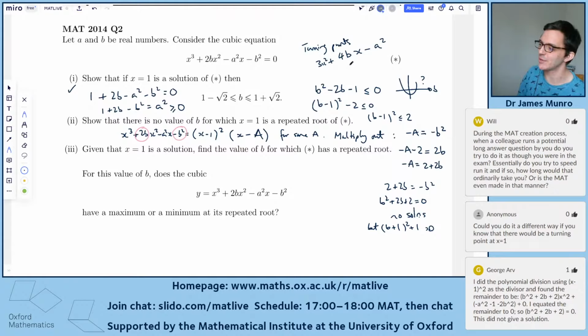X equals 1 would have to be a solution of that. But that's impossible? Doesn't look impossible. I think this b squared matters.